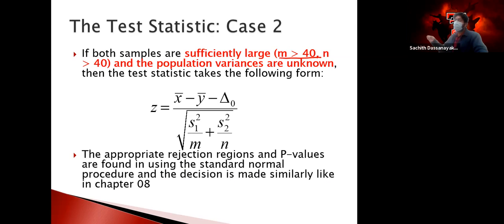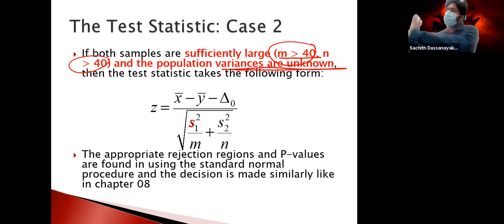If you have m greater than 40 but n less than 40, you cannot use this approximation. Both samples should be greater than 40. Remember that. At that point you don't know the variance, variances are unknown, so you have to use S instead of sigma. Then you can approximate to a normal distribution and do your work.